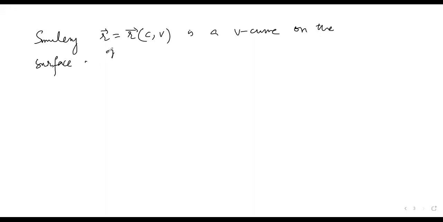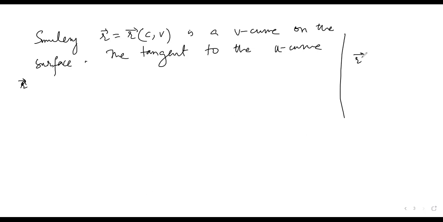Now the tangent to this u curve. The tangent to the u curve, now in the u curve, I can think of it as r, look, r is my curve, v is constant, so my u curve is like this. So it can be r equal to r at u, because c is constant, so it plays no role in generating this curve. So if I want to find its tangent, just as I find the tangent of other curves, I differentiate. So I have to find dr by du, and that will be its tangent, right? But that would be the same thing as taking the partial derivative of r with respect to u.